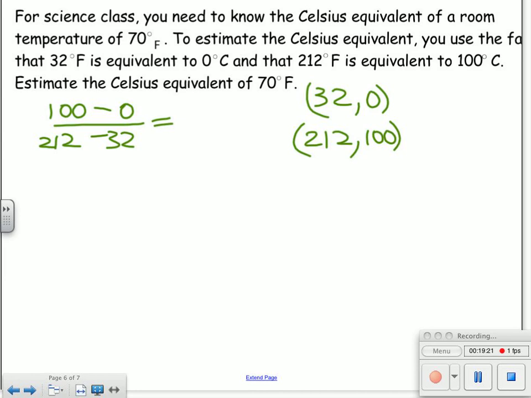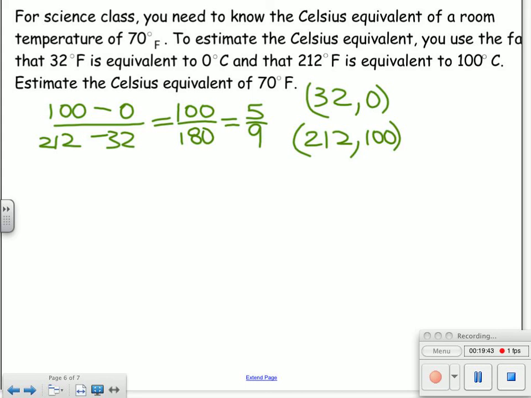It's 212 minus 32. So that's going to be 100 over 180, which actually translates into 5 over 9, because both of them are divisible by 20.